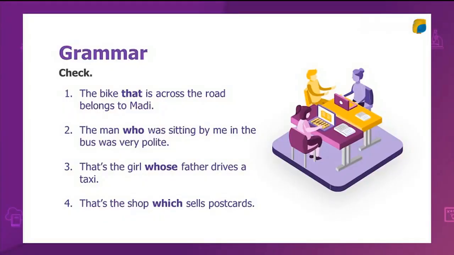Number 1. The bike that is across the road belongs to Madi. Number 2. The man who was sitting by me in the bus was very polite. Number 3. That's the girl whose father drives a taxi. And number 4. That's the shop which sells postcards. Nice job, students.